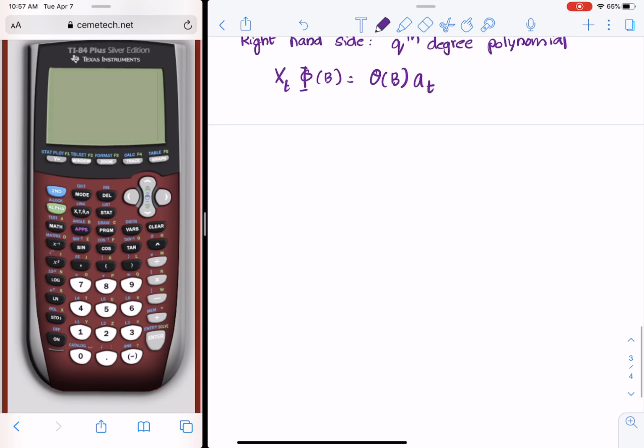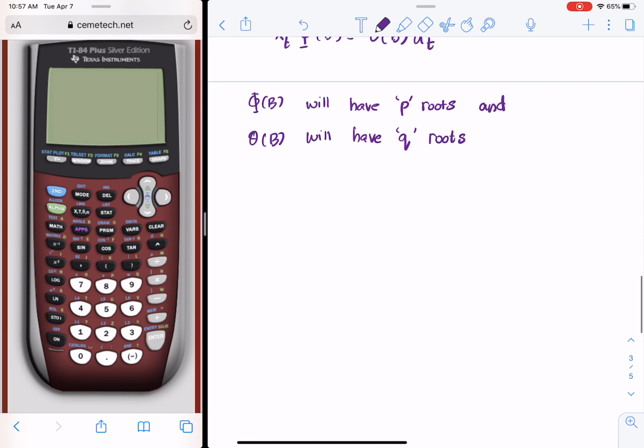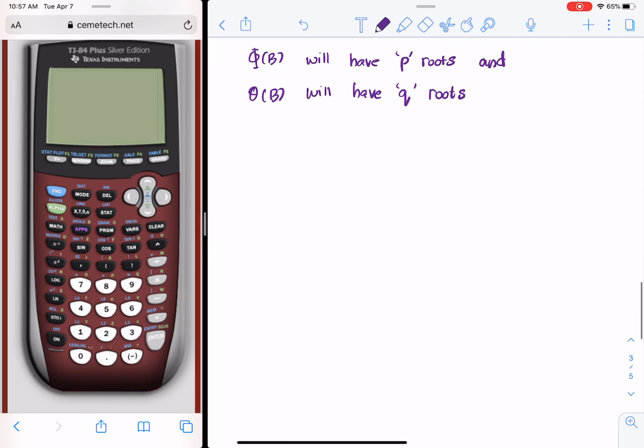So naturally the phi of B will have p roots and theta of B will have q roots. So we know the conditions for stationarity with an AR model.